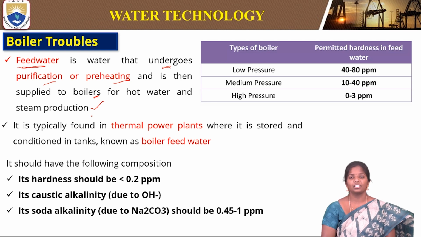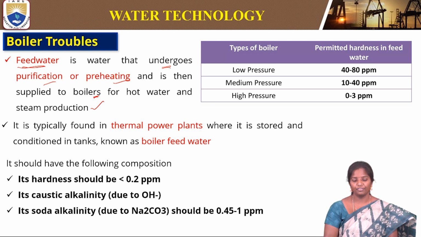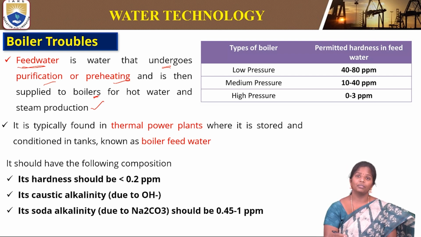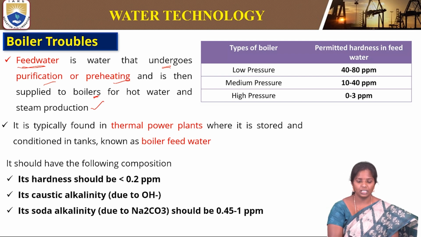In manufacturing industries, we use steam for various purposes, and for the production of this steam, we use feed water. This feed water is just the normal water we are feeding to the equipment. It should have less hardness. Otherwise, what happens? We'll check it out.